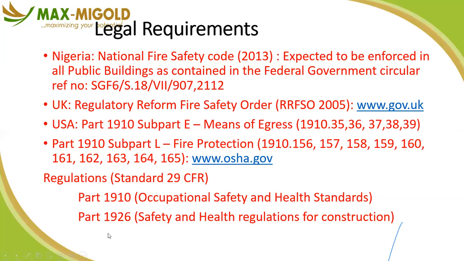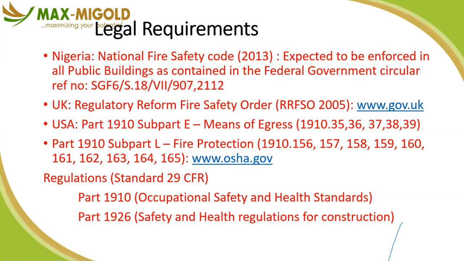Okay. So on this slide, we're just trying to reference the legal requirement, which is not contestable. So there is no need for arguments when it comes to fire safety, both from the Factories Act and of course even the fire safety code.